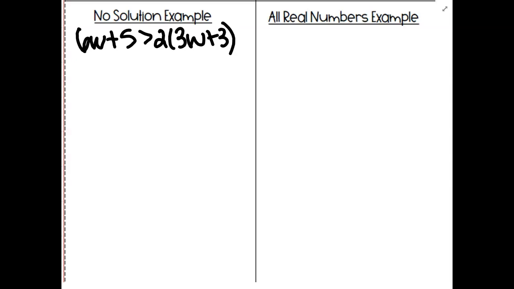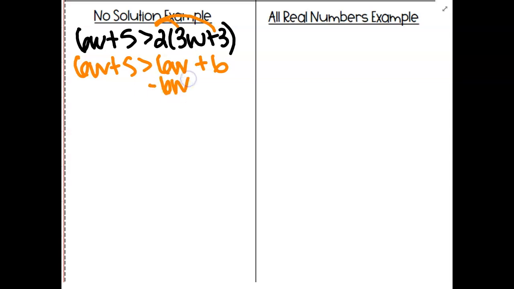So similar steps. We want to distribute first, so that's 6w plus 5, that'll stay the same. But I need to distribute the 2. 2 times 3w will be 6w. 2 times 3 would be 6. After we distribute, we want to combine like terms. I can't combine anything together, but I do have variables on both sides.